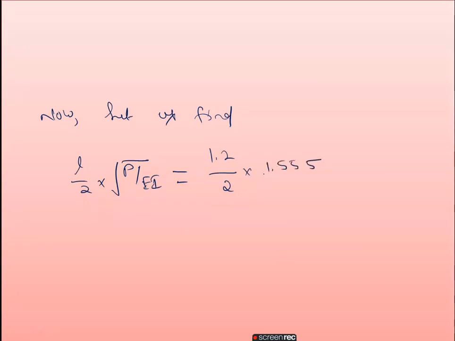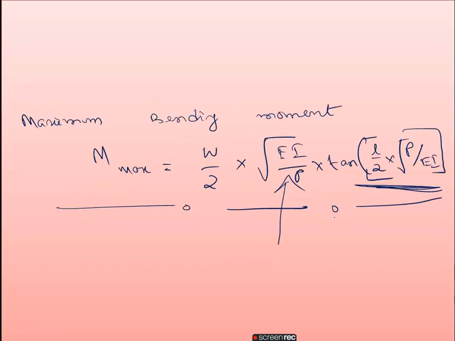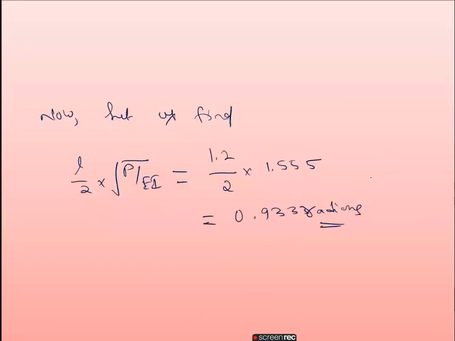Once you calculate this in radians, you will get 0.933 radians. Because if it is in radians, the value of tan is easily found. If you convert radians into degrees, 0.933 multiplied by 180 degrees by pi, you get 53.45 degrees. This is the value.